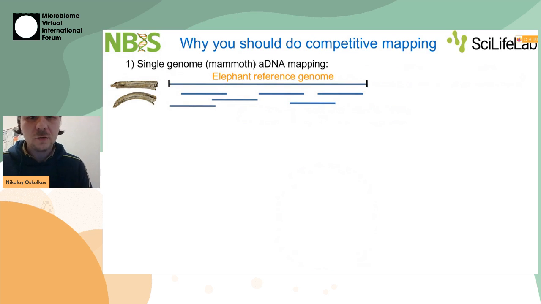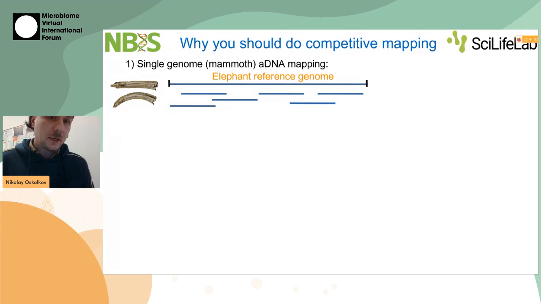So why do you need competitive mapping? Well, if you have a background in genomics or doing human genetics or population genetics analysis, maybe this competitive mapping thing seems unnecessary for you. But, for example, from the previous example with mammoth data, if you have sequencing data from a mammoth tusk, you can align those reads to the elephant reference genome as a proxy for the mammoth reference genome.